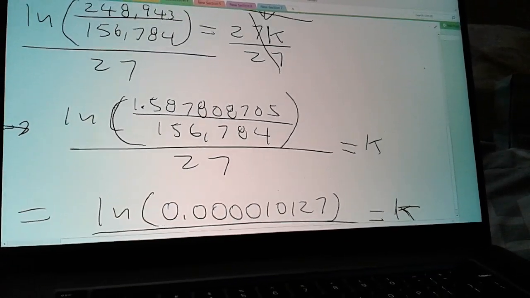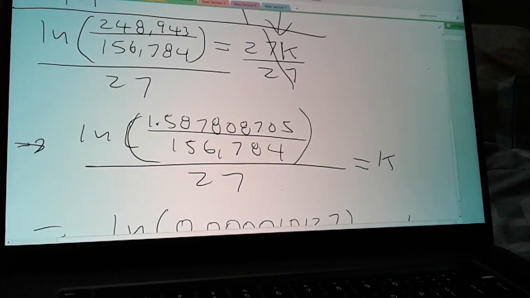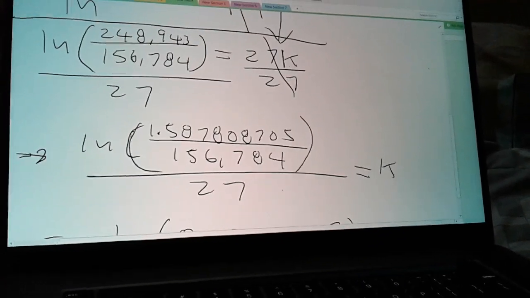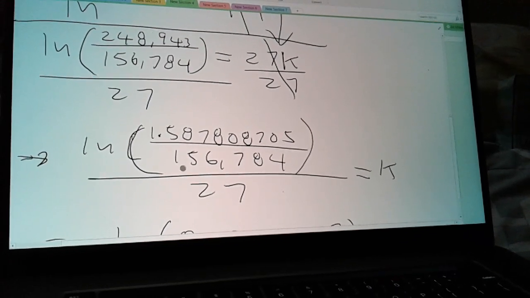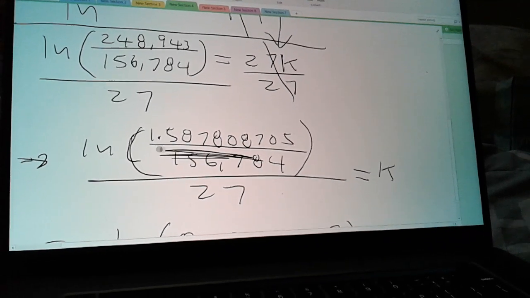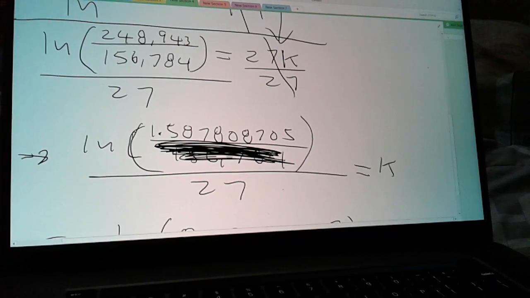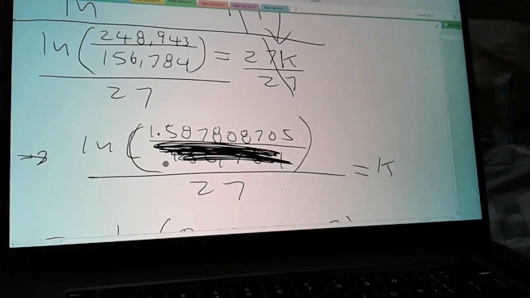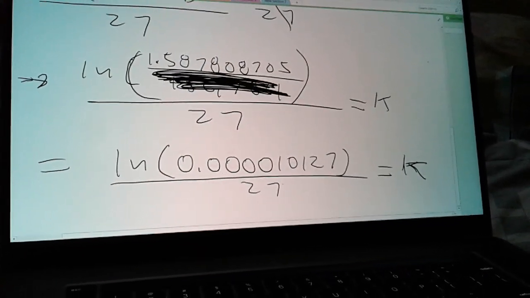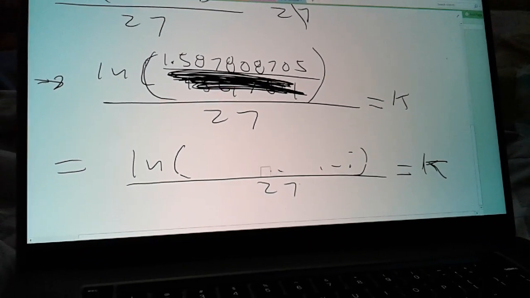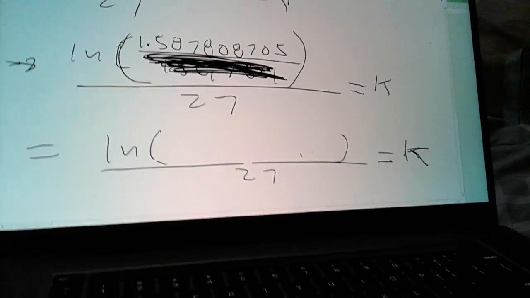Actually, let me see, what's the problem? I think I divided it twice. That's not right. So actually what I should have done is you don't need to do this part. You don't divide that. That's just 1.58. So all you have is ln of 1.58. So let me just write it down better. I divided it twice. I should have only divided it once.